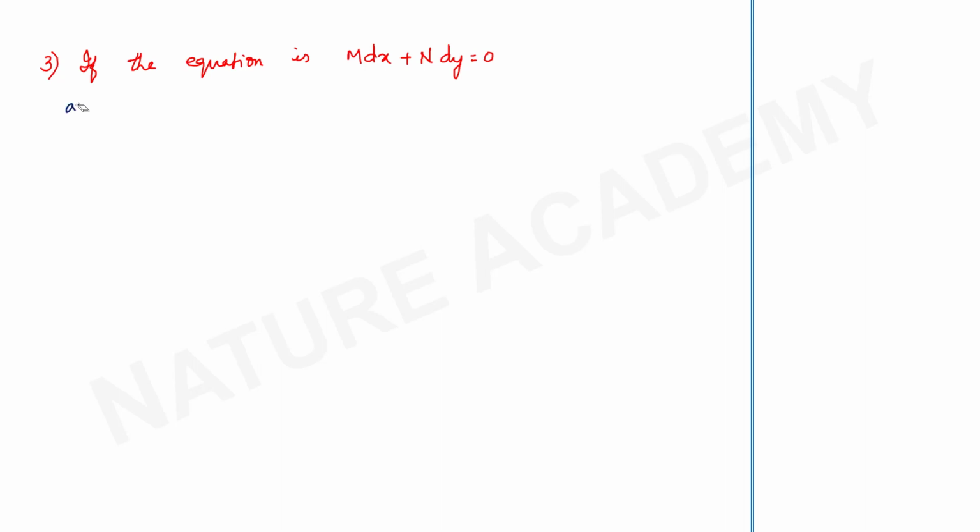See, in case if the given differential equation, if you find ∂m/∂y and ∂n/∂x and multiply it by 1 upon n, if this is the situation, then consider that this is one function f of x, meaning the variable is x in this function. Then you have to take integrating factor as e raised to integral f of x dx.